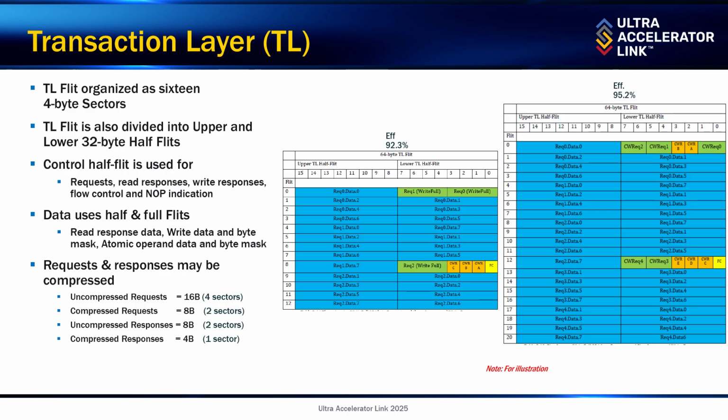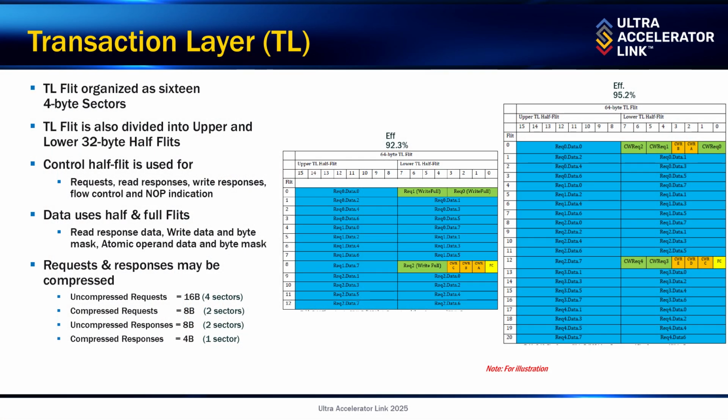So, for example, on the left side here, we have 2 write requests. They're full write requests, so they don't need any byte enables. Write request 0's data fills in after request 0, then request 1 comes after it, and its data fills in, so it goes right to left from what was in the control flit, filling in the data until we've exhausted all the data, and then we do another control half flit.